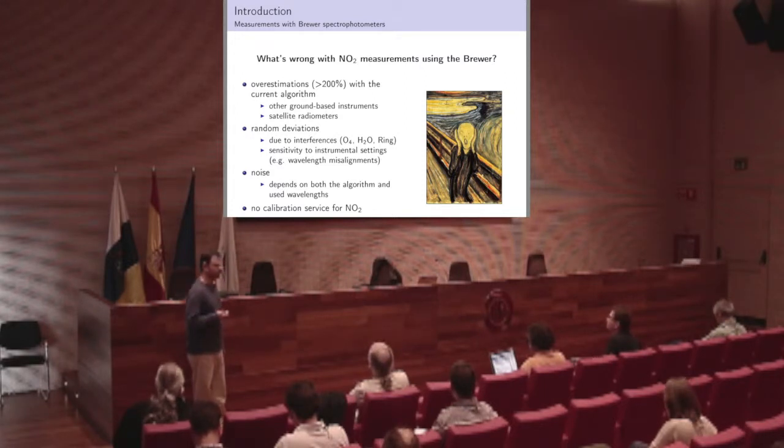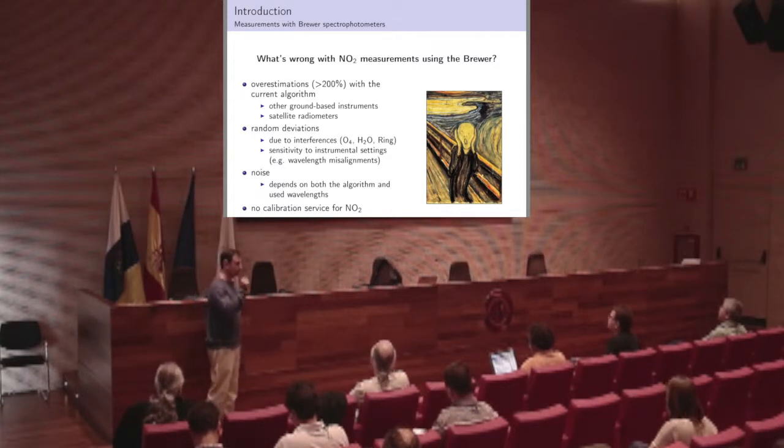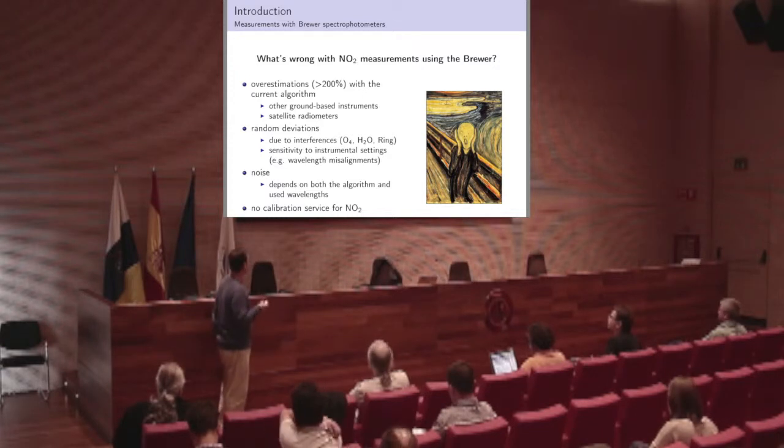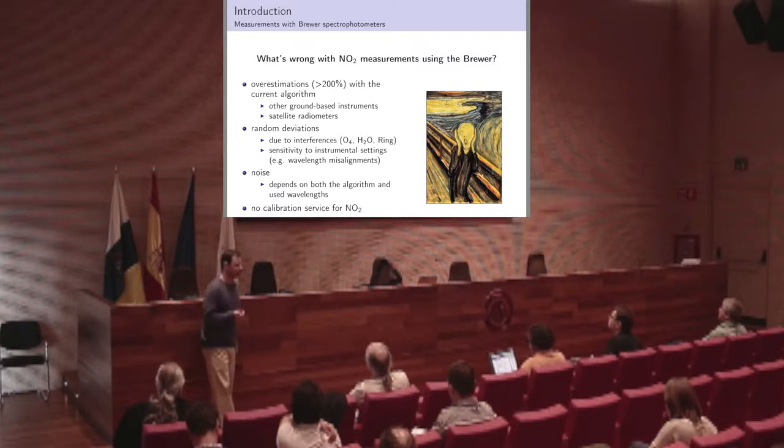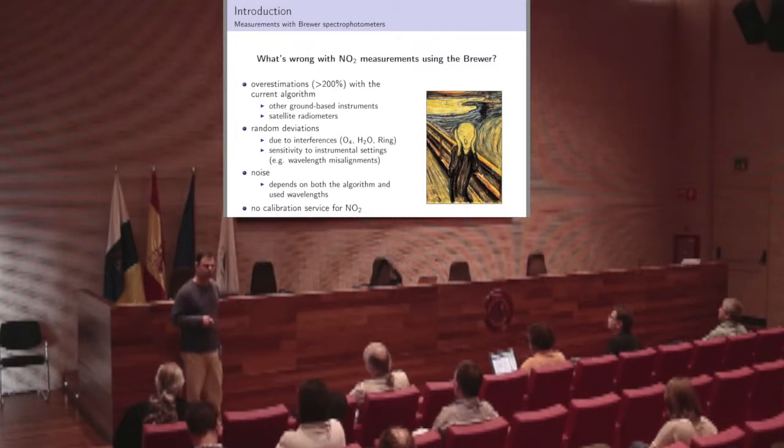Some algorithms are very noisy to retrieve this gas. This is a very weak absorber, so it's not straightforward to retrieve it. And finally, no calibration service is performed during the on-site calibration.